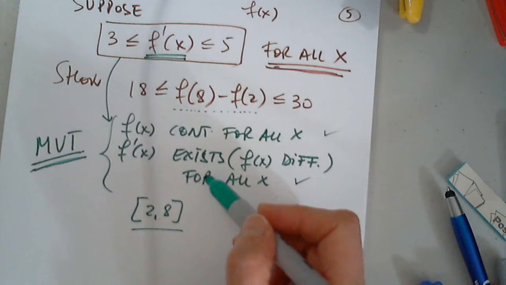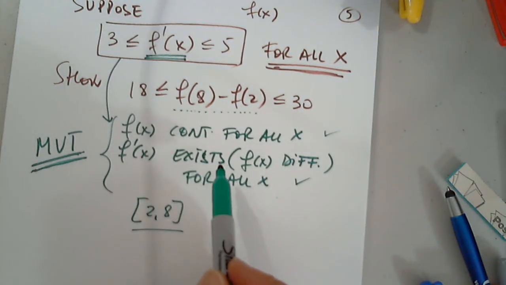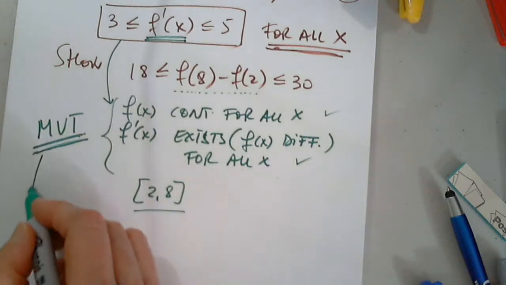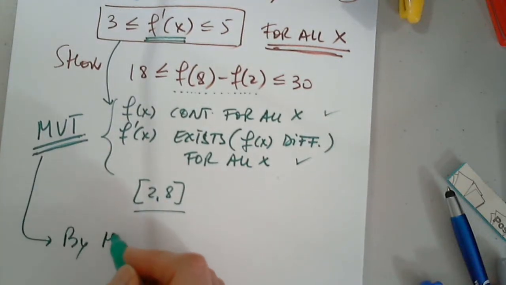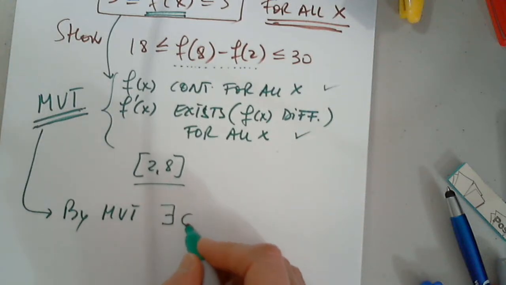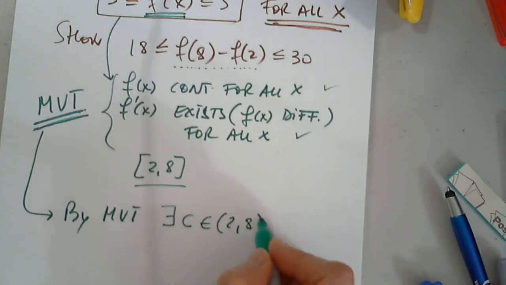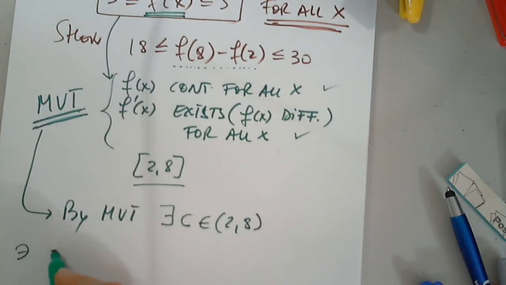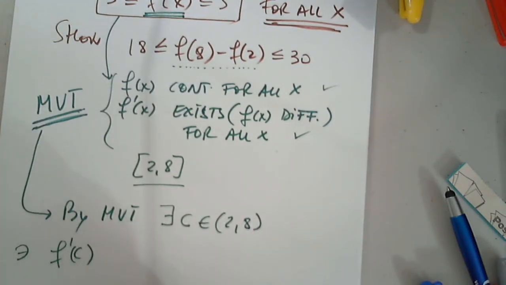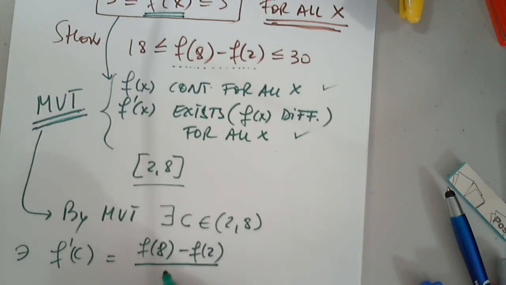So because the two hypotheses of the mean value theorem are fulfilled, by MVT there must exist a c in the interval 2, 8 such that f prime of c equals f of 8 minus f of 2 divided by 8 minus 2.